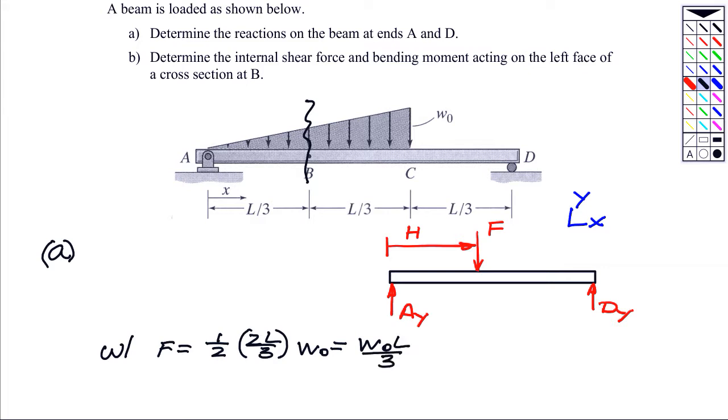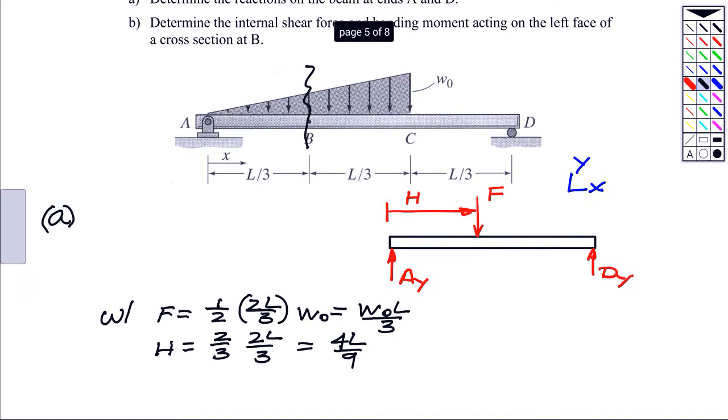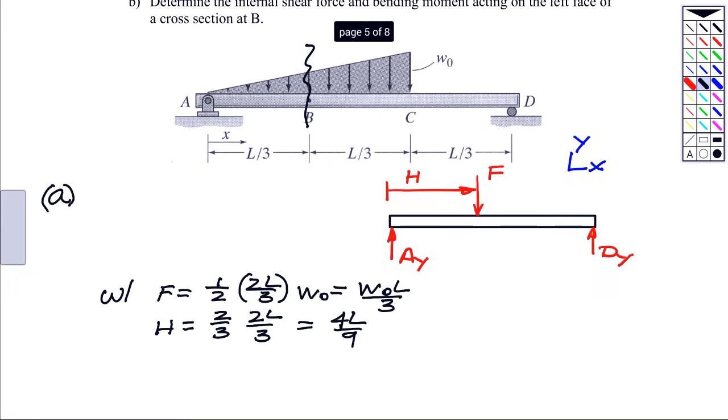The distance H is going to be equal to 2/3 of the total width of the triangular load, which is 2L over 3. So that's going to be 4L over 9. So again, we're replacing the triangular load by its single force equivalent, which is equal to the area under the load with a point of location of 2/3 the distance from the left over to the right.